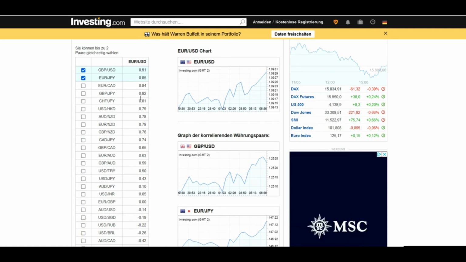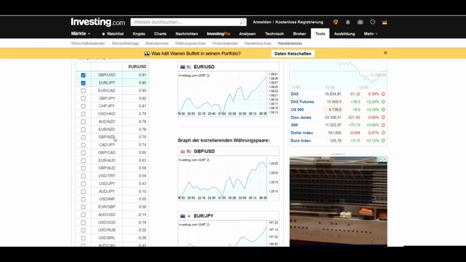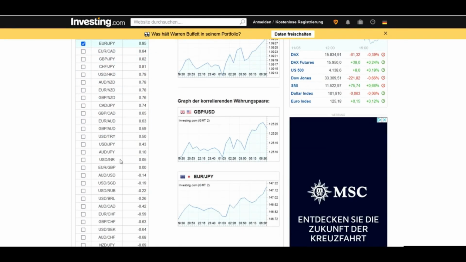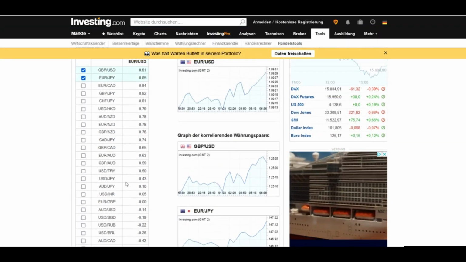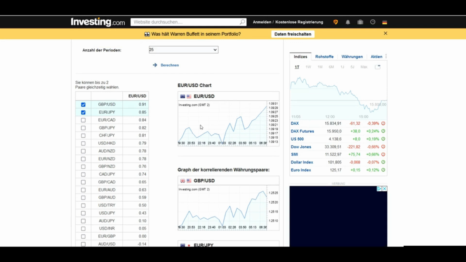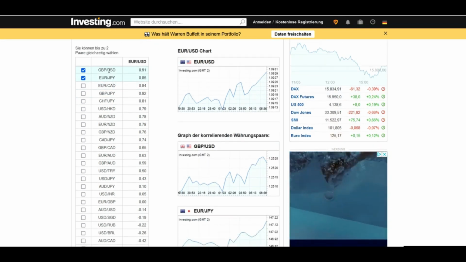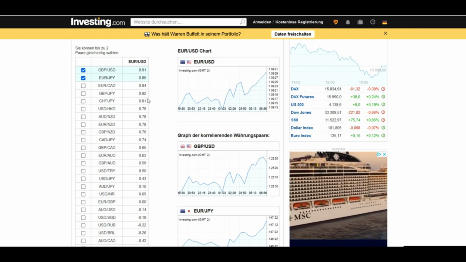This is where the suitable pairs will then be suggested, which are positively correlated or negatively correlated. In other words, those that move with the chart, or move against the chart. What this means is, if you're currently taking a long position on the Euro-US dollar, you should perhaps avoid entering a short trade in GBP USD, for example, or in the Euro-JPY pair.